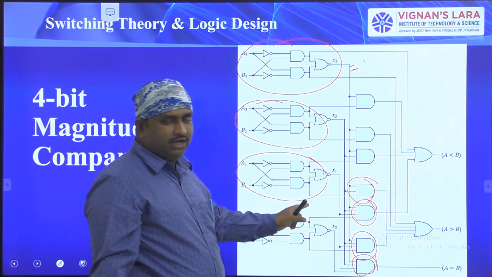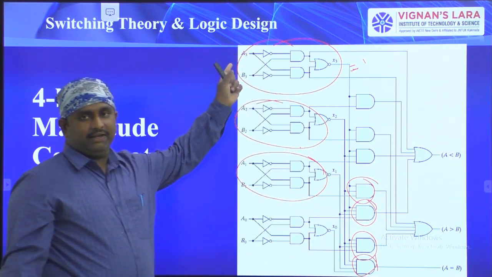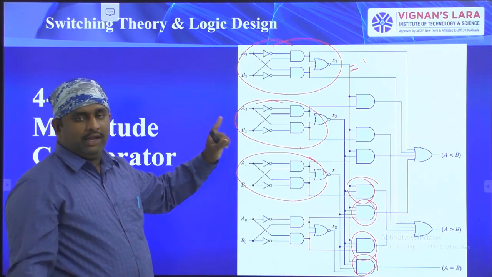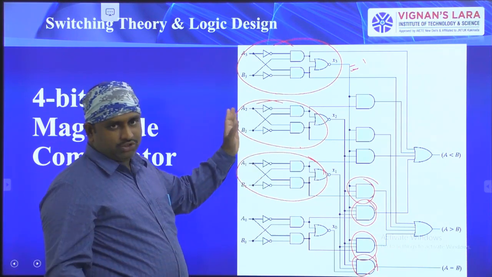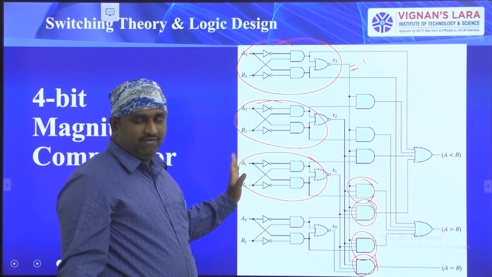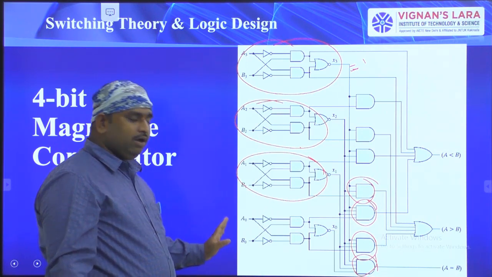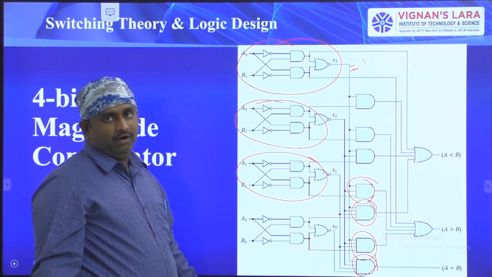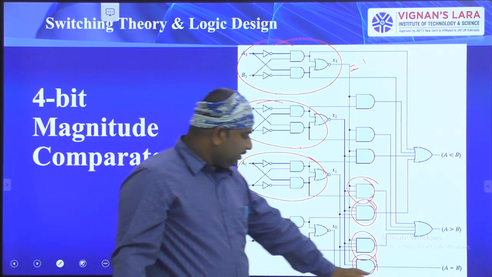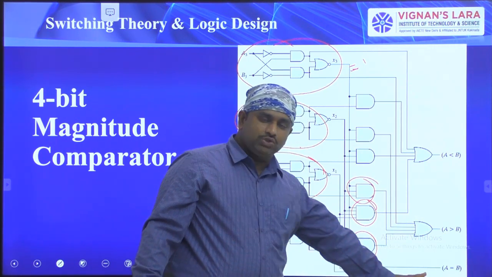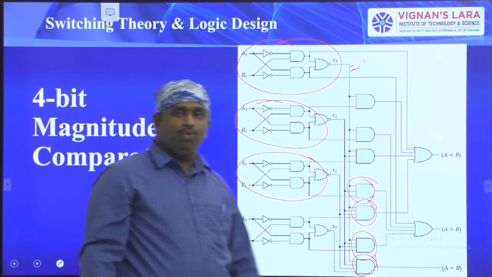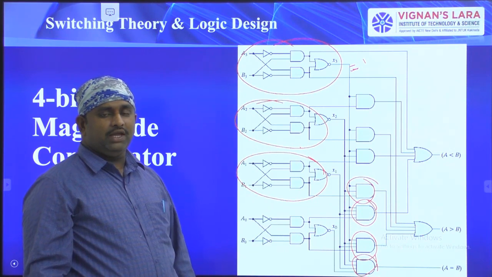If A3 is equal to B3, and A2 is equal to B2, and A1 is equal to B1, and finally it will check A0, B0. If this is also equal to 1, then only the final AND gate goes to 1. Then finally you can say A equal to B.